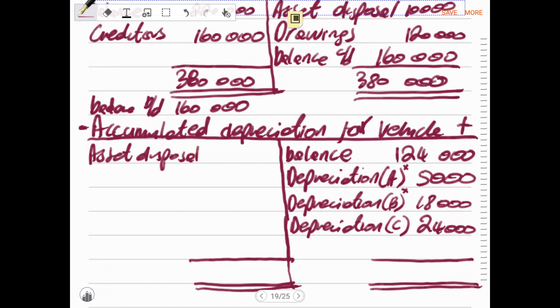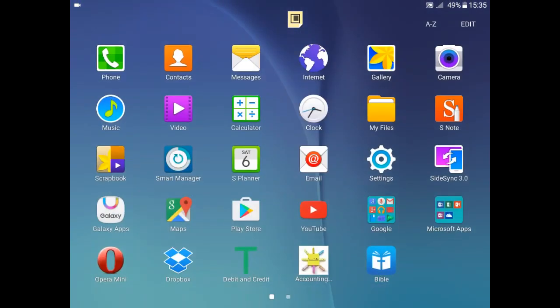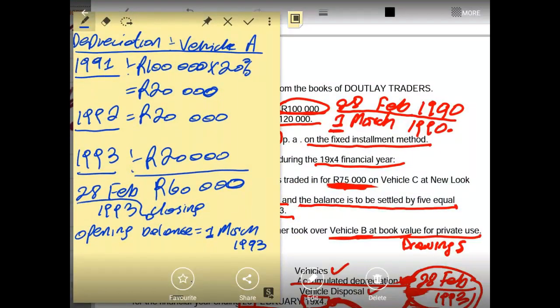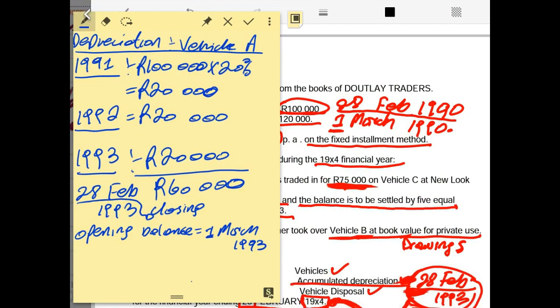Remember, motor vehicle A was traded in. So that is taken as an asset disposal, because a loss or a profit can be made on the disposal of an asset. Therefore, now we have to check how much was the total accumulated depreciation for motor vehicle A until the end of the year. Let us check in our background information. Vehicle A, we don't have it there.